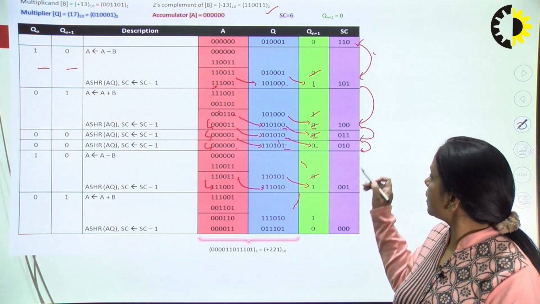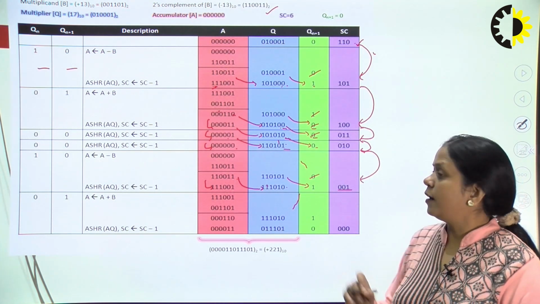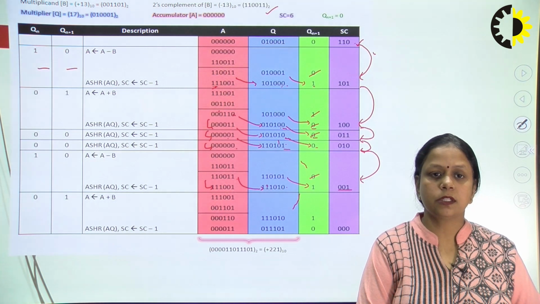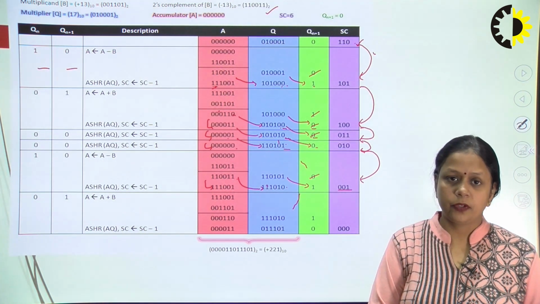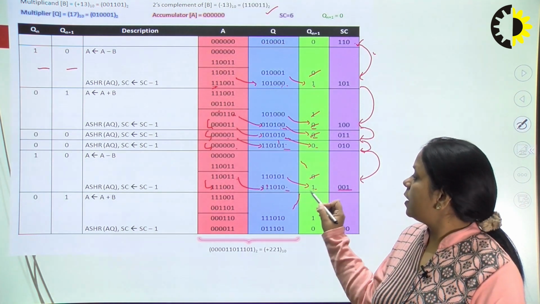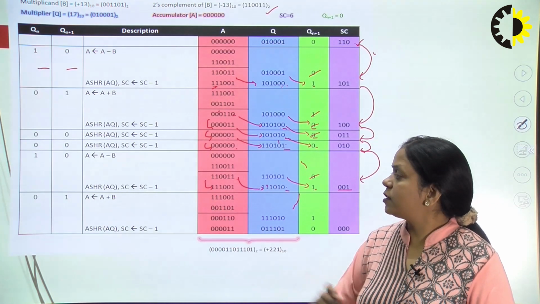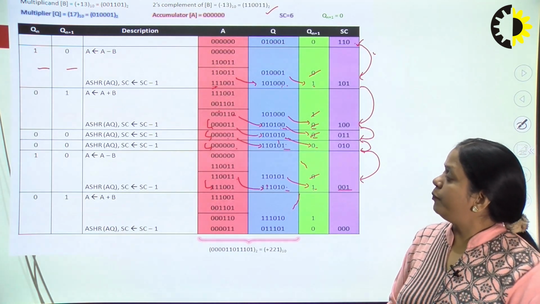Now, the next step is to reduce the sequence counter. Now, the value of sequence counter is 0, 0, 1. Again, we will perform one step of the Booth algorithm. Then we will check the value of Qn and Qn plus 1, which is 0, 1. So, we will add the value of B here.